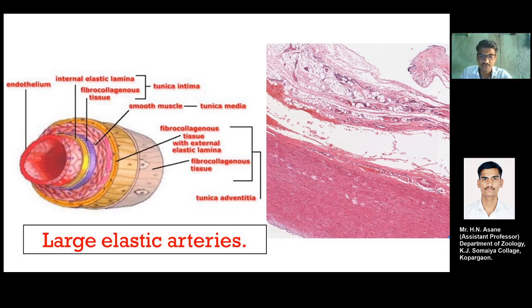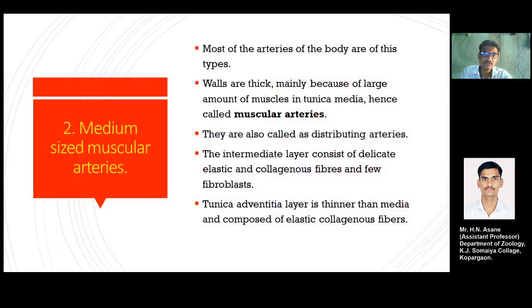So the second type will be the medium sized muscular arteries, and most of the arteries of the body are of this type.